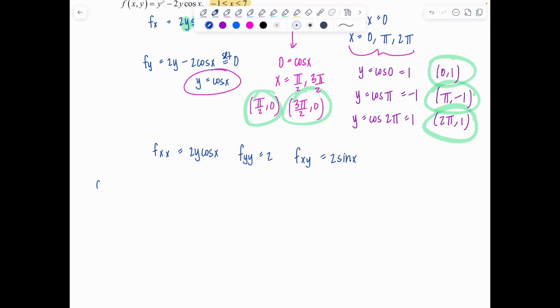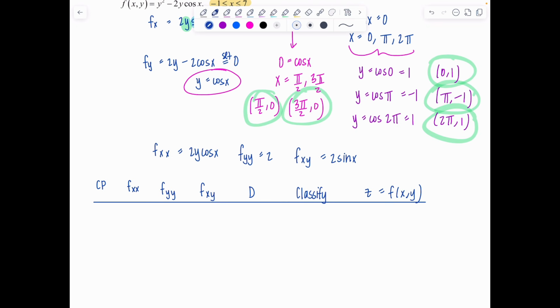So they're going to list the critical points, second partial with respect to x, second partial with respect to y, the mixed, the sign of D, classify what kind of extrema we have, if it's a min, a max, a saddle, and then give the actual function value. Okay, so here you go. I'll fill it in for you.